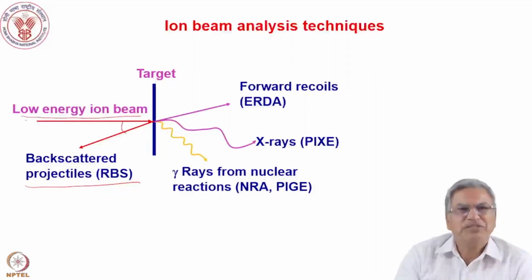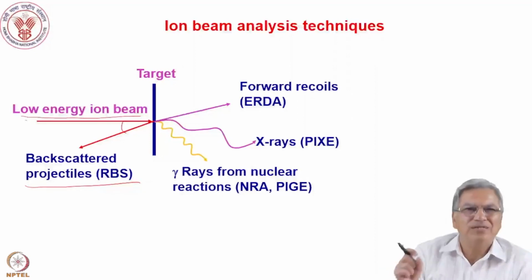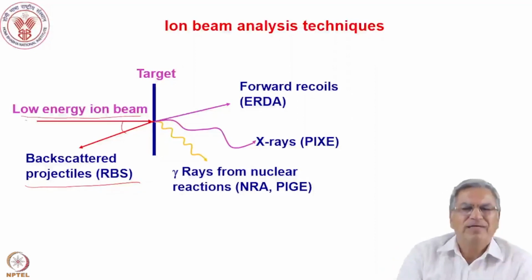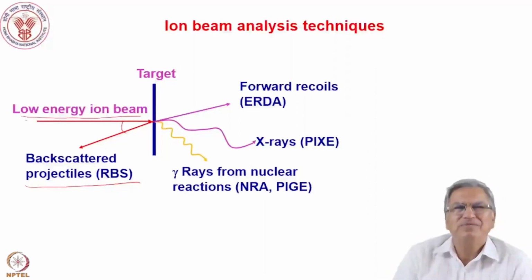Now, a second type of reaction can be that the projectile hits the nucleus and gives a recoil. That means the atoms of the target are taken out of the target material, and they can be detected by suitable detector systems.